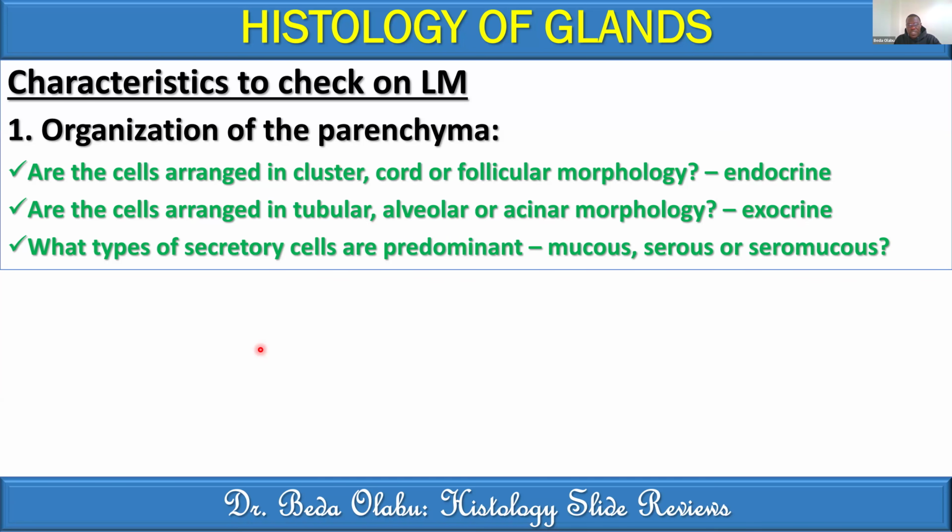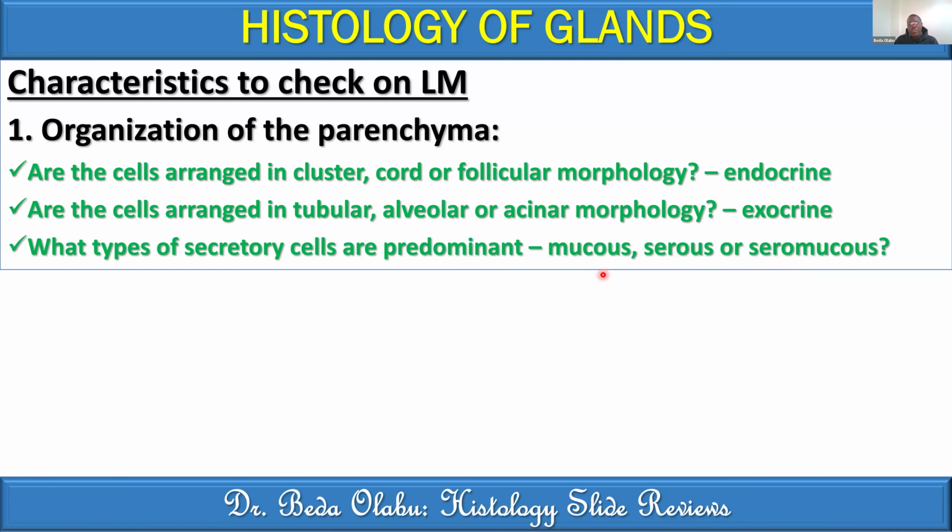There are three options. The acini could be predominantly mucus. And take note that I'm using the term predominant because most of the time you may not have one exclusive one. So look at the predominant morphology. So it could be predominantly mucus, could be predominantly serous, or could be seromucus morphology.